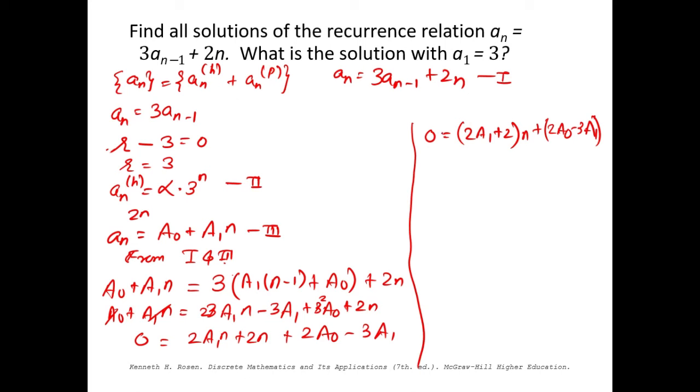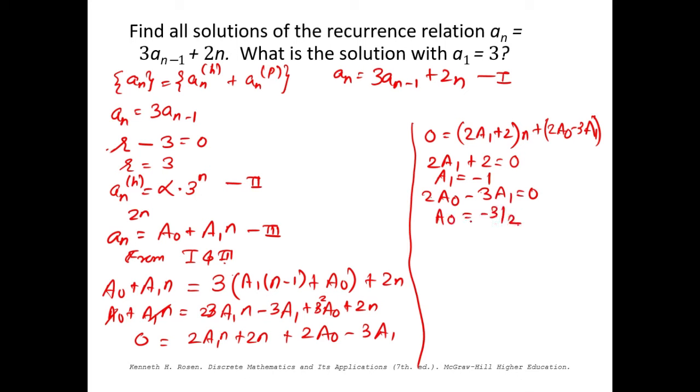The equation will be equal to 0 if the first parenthesis is 0 and the second parenthesis is 0. If 2a1 + 2 = 0, then a1 is equal to -1. And 2a0 - 3a1 = 0 with a1 equal to -1, so a0 is equal to -3/2.